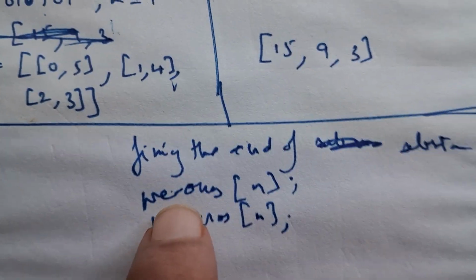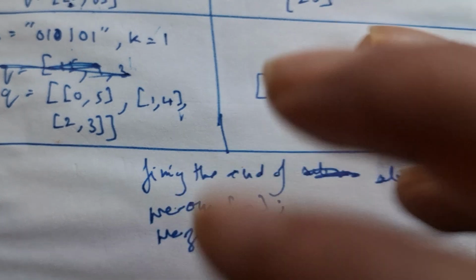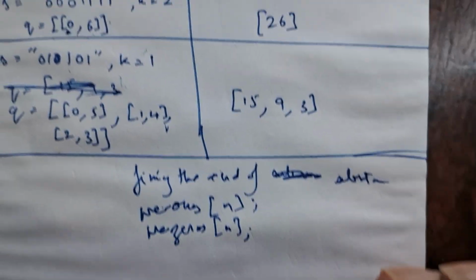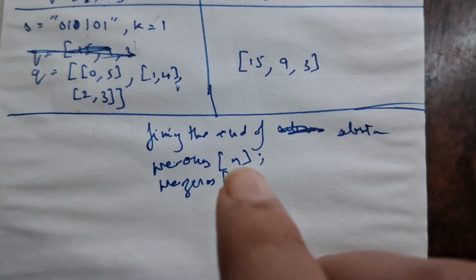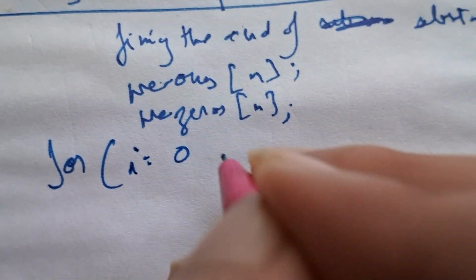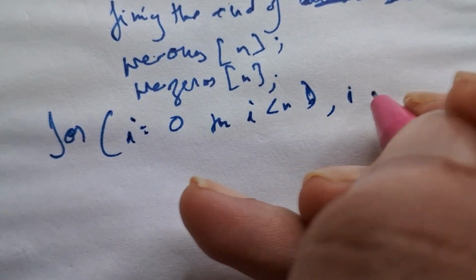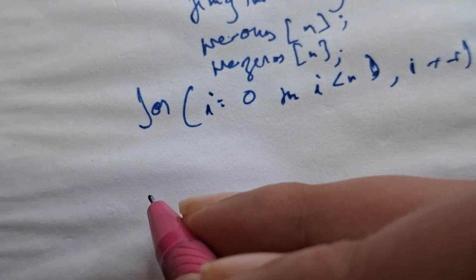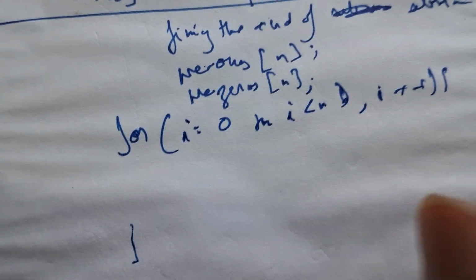Now you have to use some dp. Whenever you traverse from i equal to 0 to n, i less than n, i plus plus, you know the number of ones and the number of zeros.